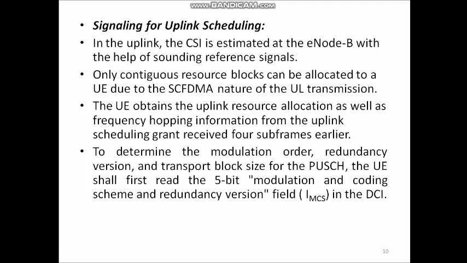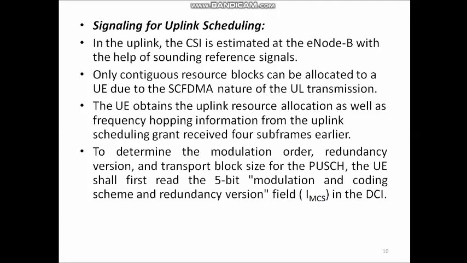So, this monitoring is required to find possible allocation for uplink transmission. Only contiguous resource blocks can be allocated to a user equipment due to the single carrier frequency division multiple access nature of the uplink transmission. So, as we discussed previously, SC-FDMA is used for the uplink transmission. Therefore, we can use only contiguous resource block allocation, and also we can use frequency hopping to get additional diversity.